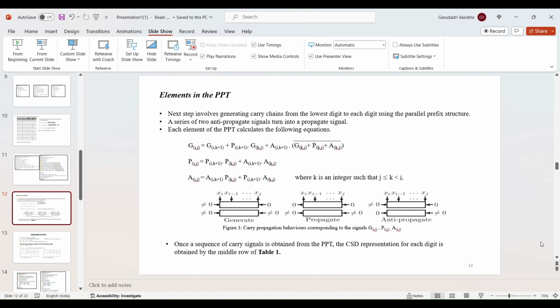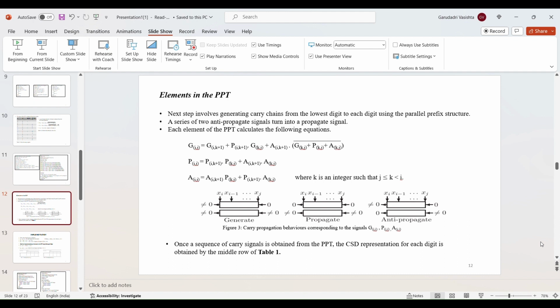G of i comma j depends upon G of i comma j plus 1. To calculate G of i comma j plus 1, we again need G of i comma j plus 2, and G of i comma j plus 2 depends again on G of i comma j plus 3. Like that j keeps increasing, so it will go up to G of i comma i. G of i comma i is the carry signal from the pre-processing block, as Shivam has explained.